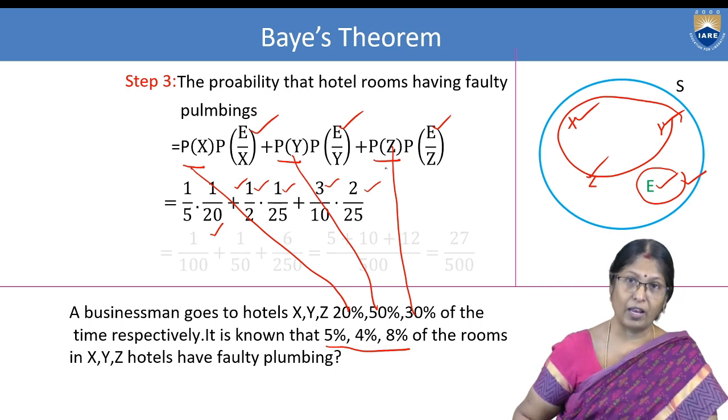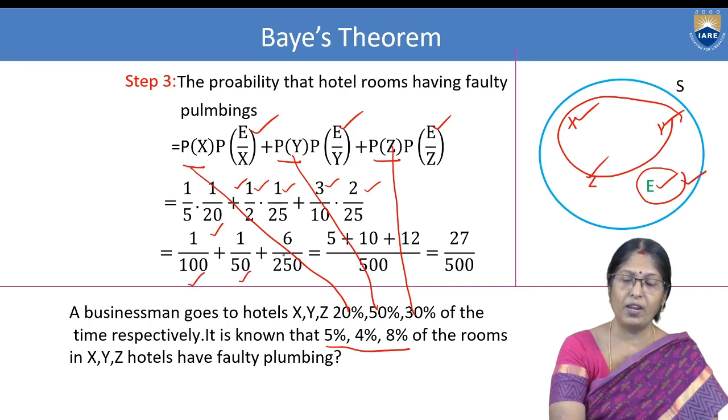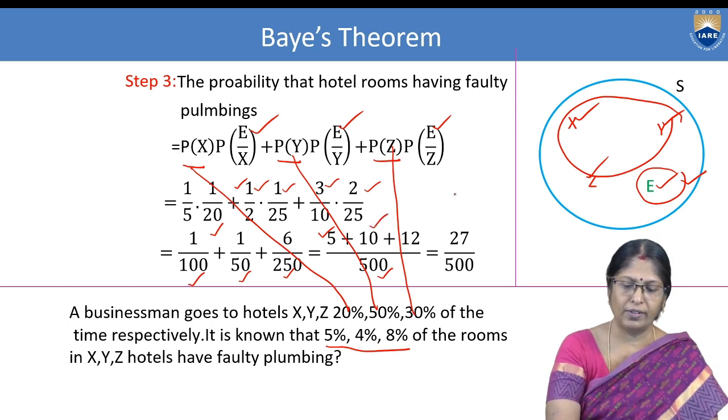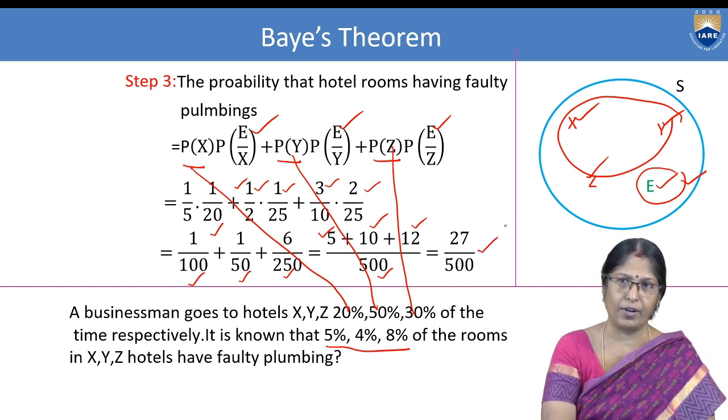So we will do the calculations. It's nothing but 1 by 100, and this is 1 by 50, 6 by 250. Here we have taken the LCM 500, and 1 into 5, 5 and 1 into 10, and 6 into 2, 12. The total answer we got is 27 by 500.